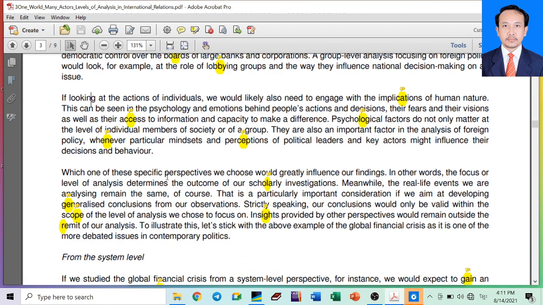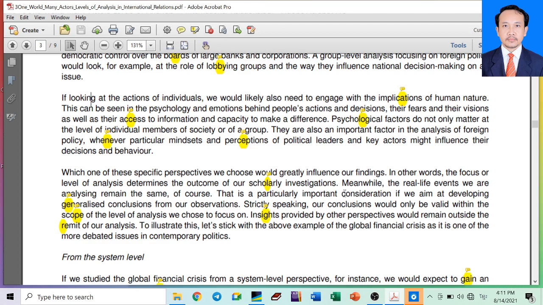Which one of these specific perspectives we choose would really influence our findings. In other words, the focus or level of analysis determines the outcome of our scholarly investigations. Meanwhile, the real life event we are analyzing remains the same, of course.